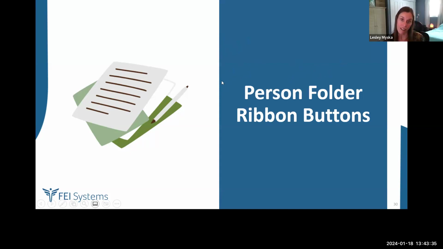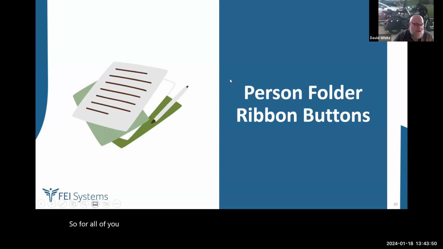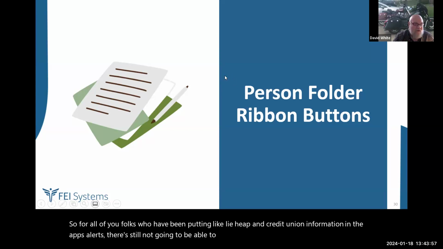But for those of you that are in the system doing adult protective services and public guardianship conservatorship representative work, you may have access to see more stuff now that it's being managed in the system. Yes, so for all of you folks who have been putting like LIHEAP and credit union information in the APS alerts, they're still not going to be able to be seen by other people.